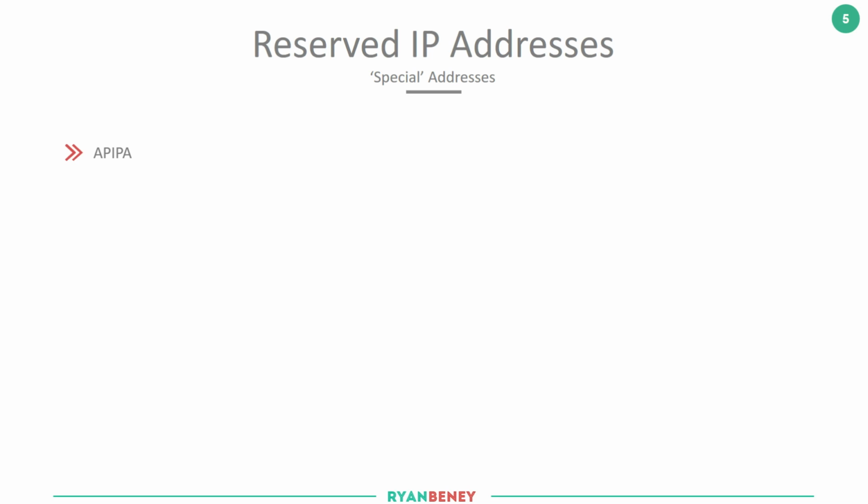Just a few special IP addresses that I've not spoken about. First of all is the APIPA, the Automatic Private Internet Protocol Address. It's 169.254.x.x, so the last octets can literally be anything, so it's a /16.